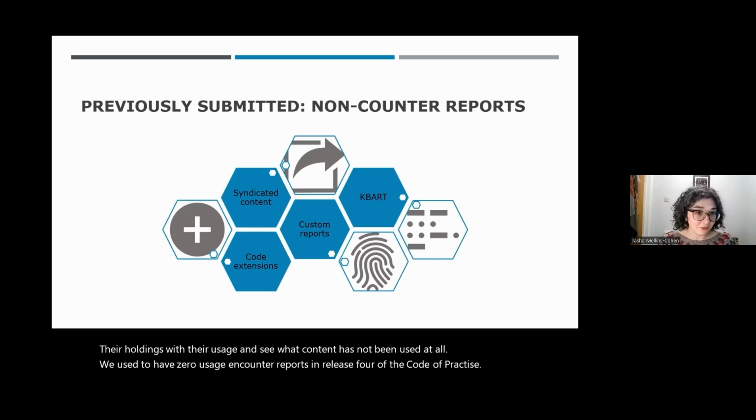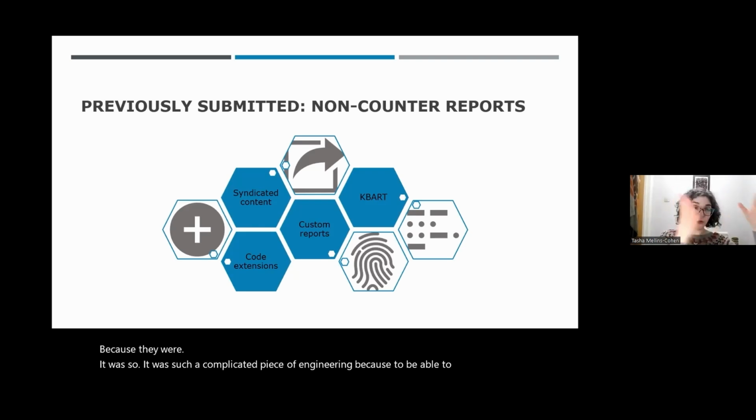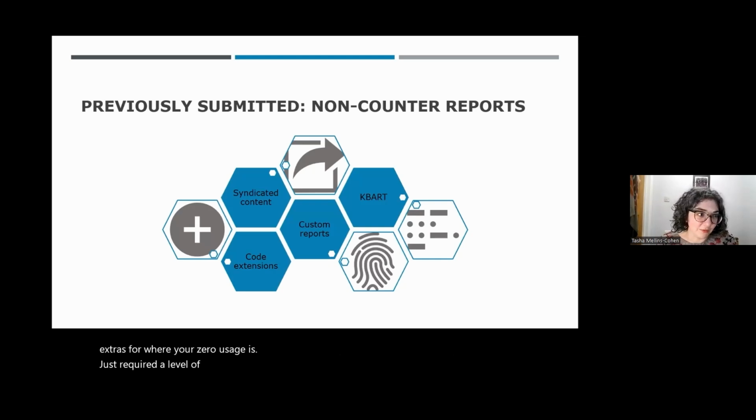Not a single publisher was able to pass the zero usage tests within the audits because it was such a complicated piece of engineering, because to be able to say, right, we know what your holdings are, we know what your usage is, and now we're going to slot in the extras for where your zero usage is, just required a level of complexity that they weren't able to meet.